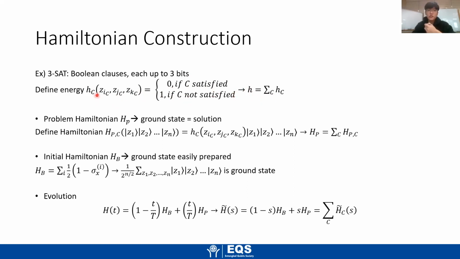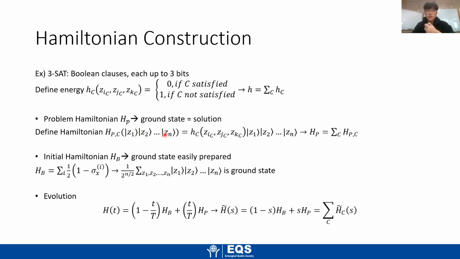And so we can use this to create something called the problem Hamiltonian, or the final Hamiltonian. This Hamiltonian has the ground state as the solution that we're trying to find. And we define a Hamiltonian term for each clause. And this |z1> state is basically a 0 state or a 1 state, depending on the value of z1.